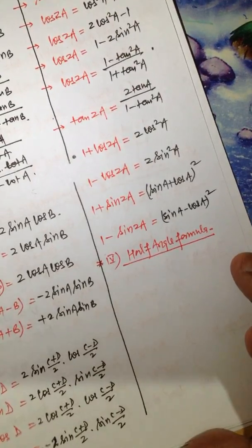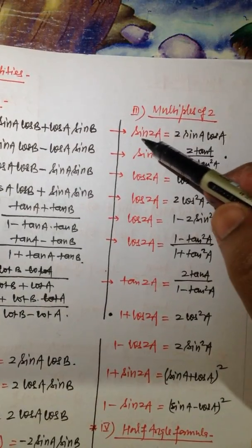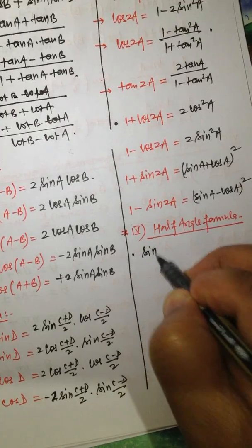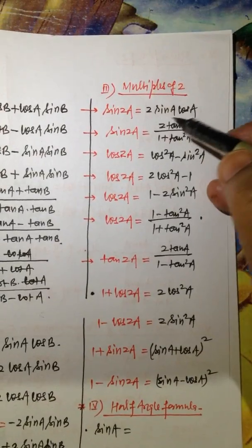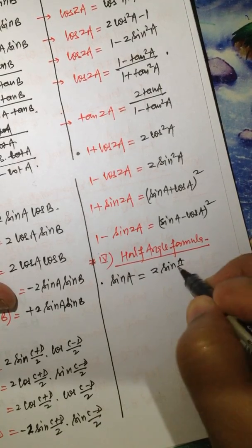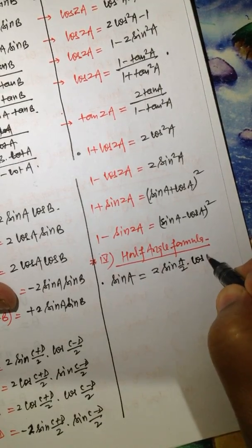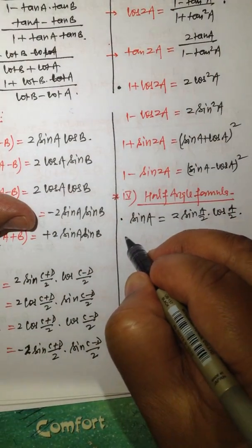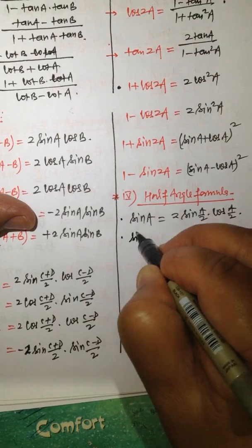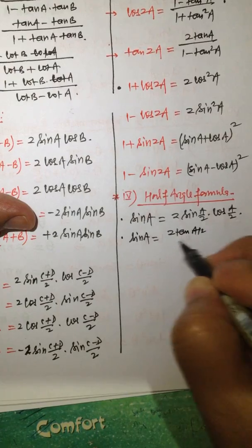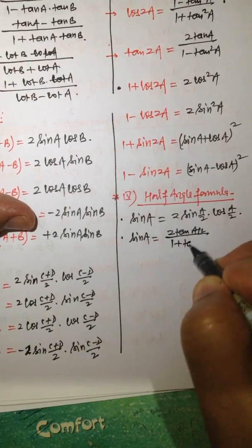Okay, so by using all these identities we can have half angle formulas. If we have sin 2a equals 2 sin a cos a, then sin a will be equal to 2 sin a by 2 cos a by 2. Like this we will write all the identities. Another identity of sin a: 2 tan a by 2 upon 1 plus tan square a by 2.